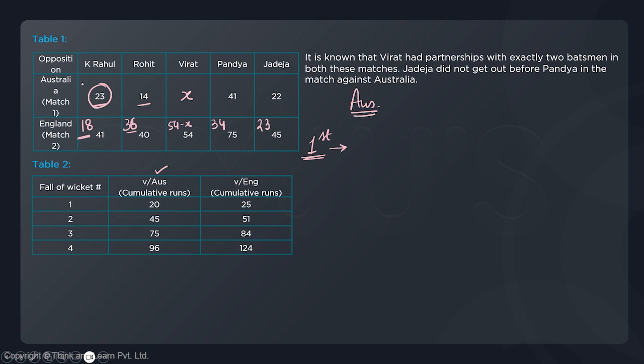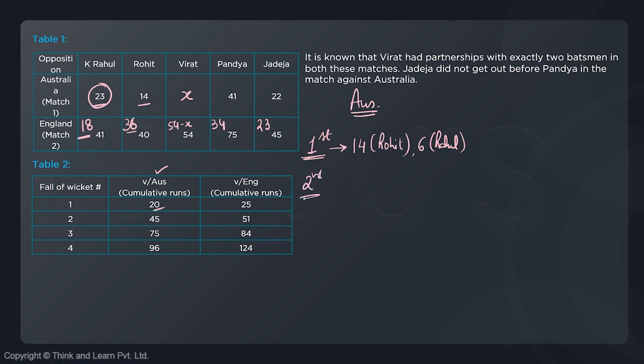So how can he get out at this stage? That means the first wicket must be Rohit's. And if Rohit got out, he must have made all his runs before getting out. So Rohit must have made 14 runs against Australia to get out. But the fall of wicket was at 20. The remaining 6 runs must have been made by Rahul.